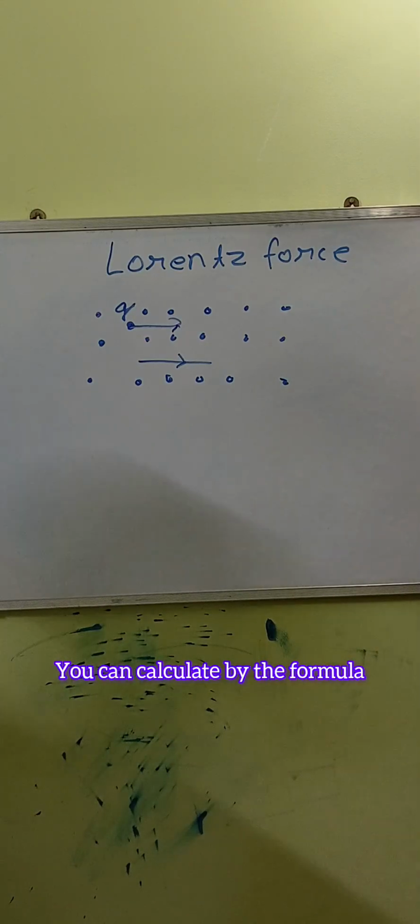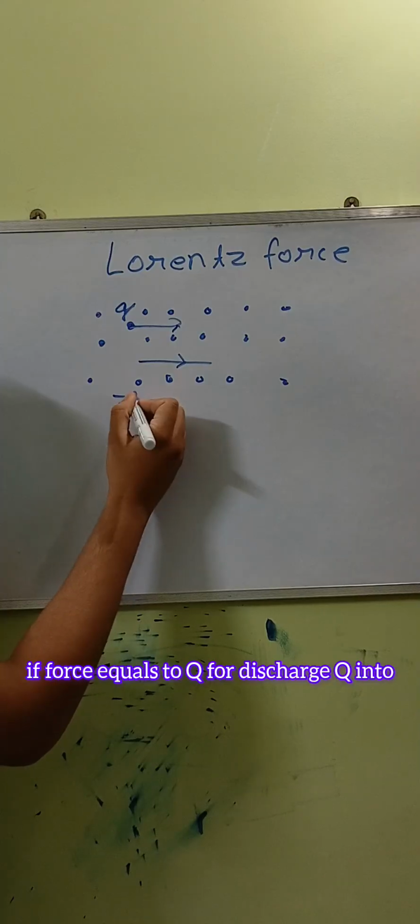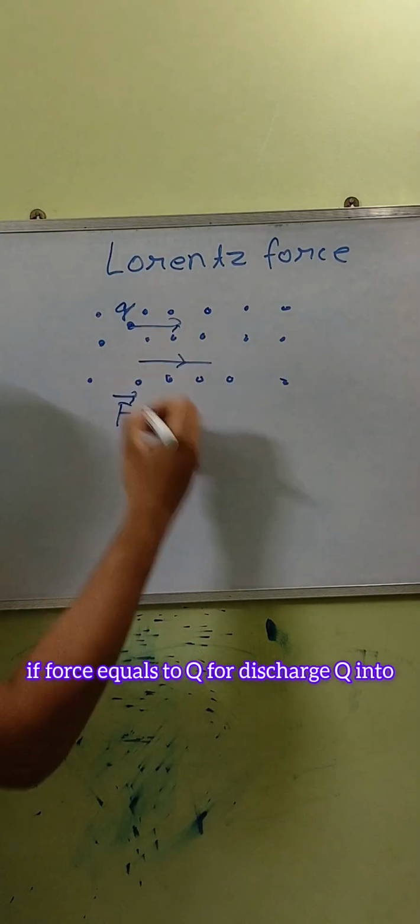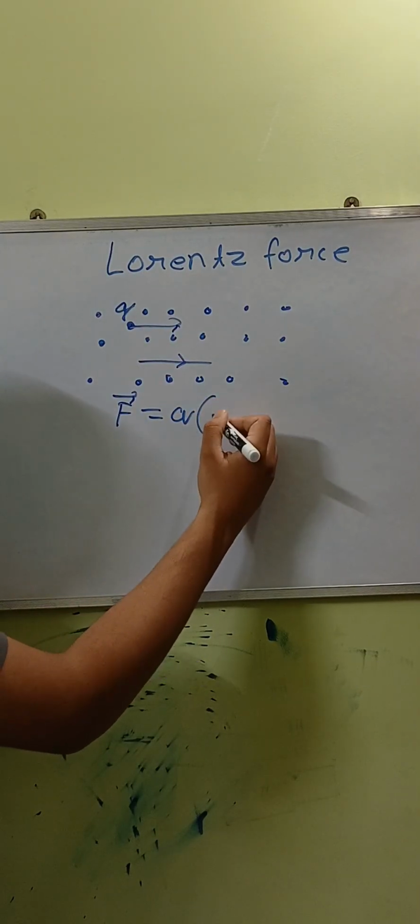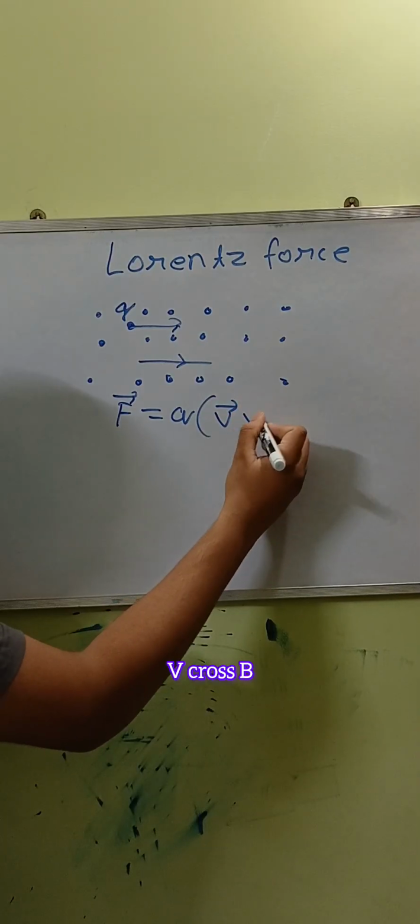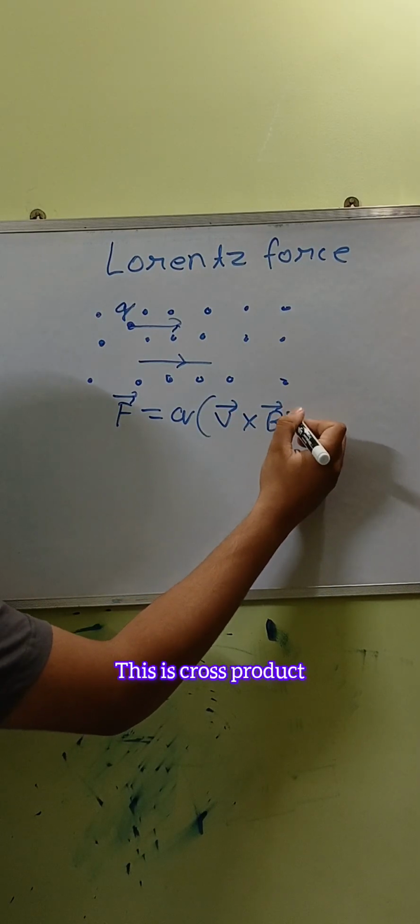You can calculate it by the formula: force equals Q into V cross B, this is a cross product.